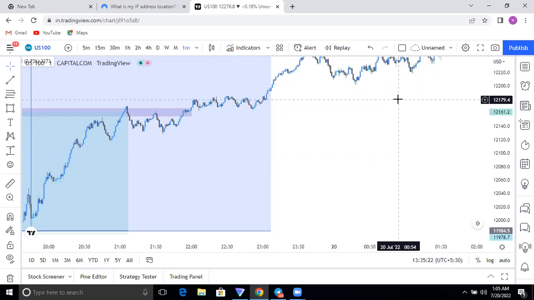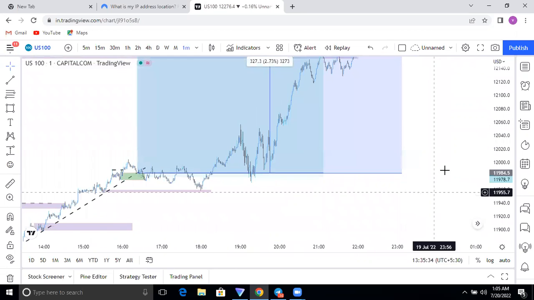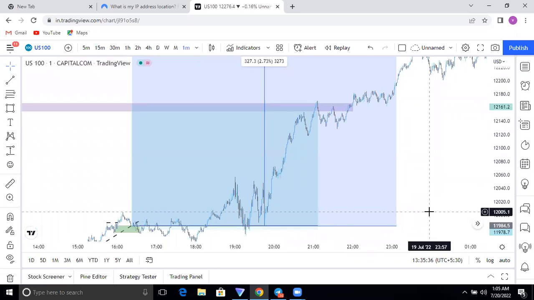So the first one, I'll repeat it again, is the pip counter. The pip counter is for you to know your risk to reward. When I'm recapping the Nasdaq trade, you're going to see how I use it. So the pip counter is for you to know your risk to reward.